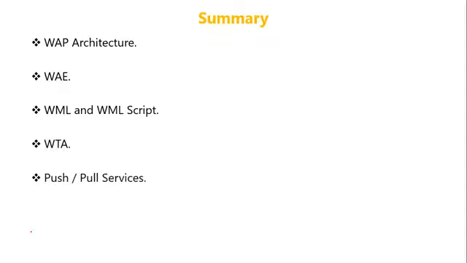Then we discussed WML script. What is the role of WML script? WML script can enhance the usage of WML by providing some additional services which are not available in WML. We discussed a few examples of WML script also. And then we discussed WTA, wireless telephony applications. And then we discussed the push architecture and push and pull services.